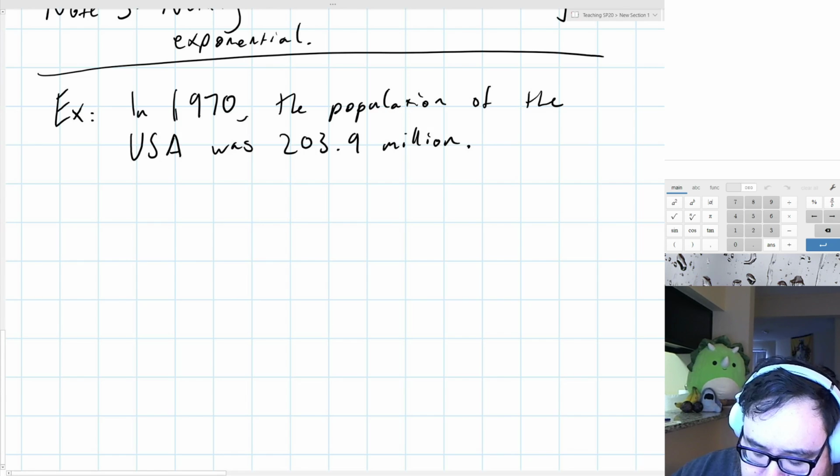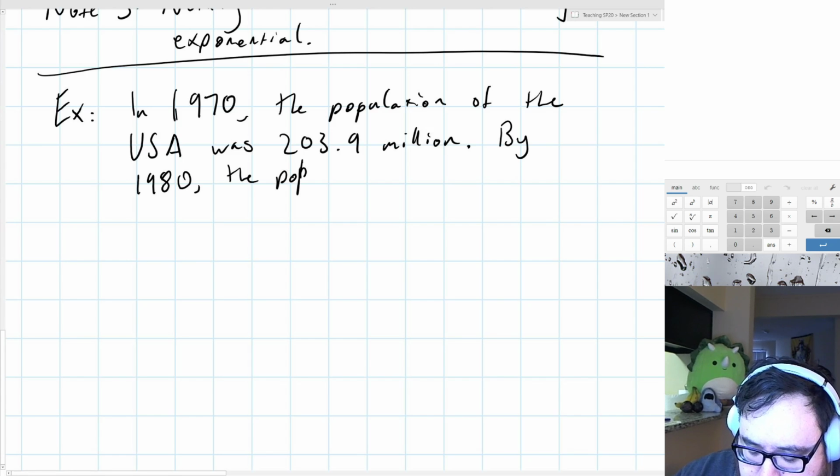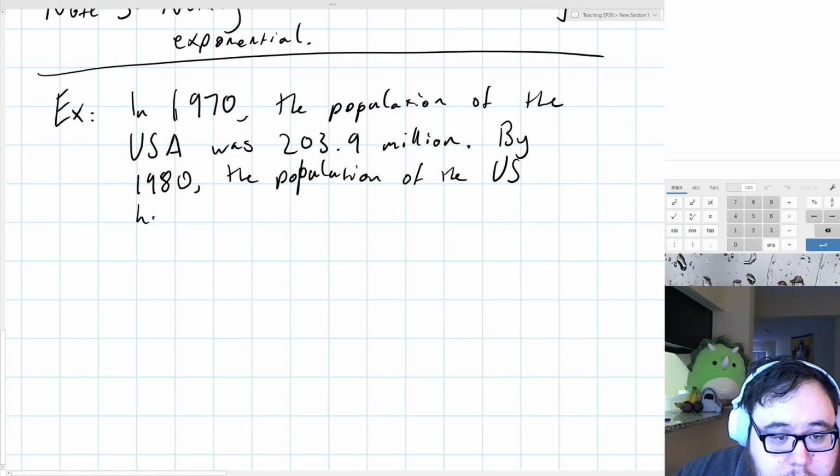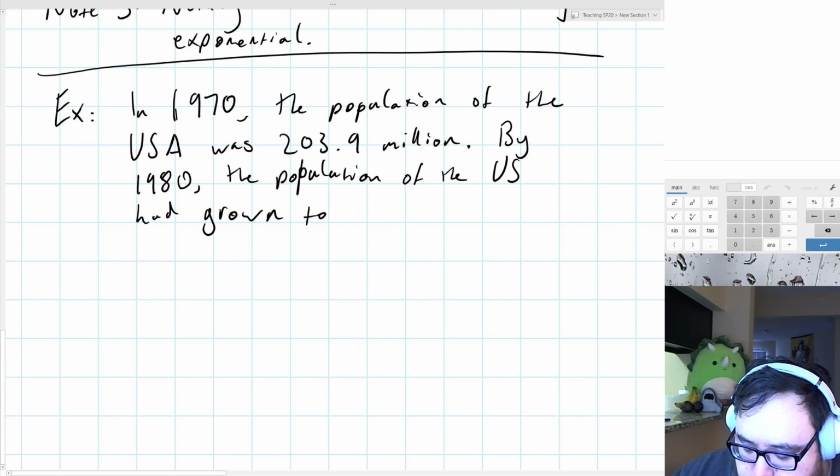By 1980, the population of the US had grown to 227.2 million.